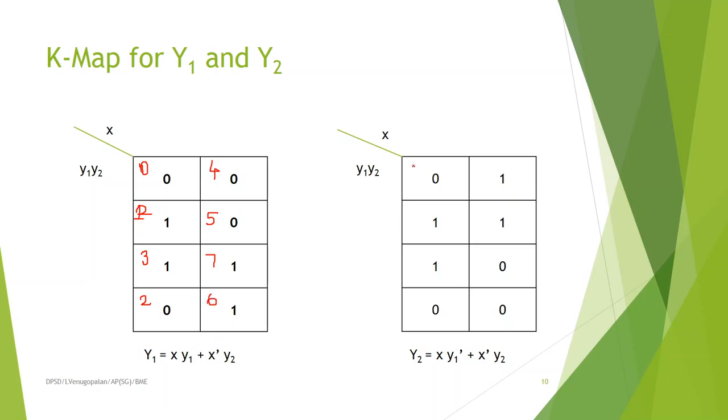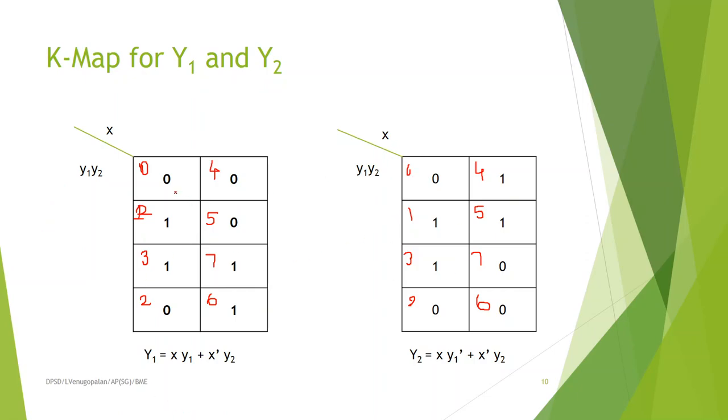Right? This is how we write, right? 0, 1, 3, 2, 4, 5, 7, and 6. Right?